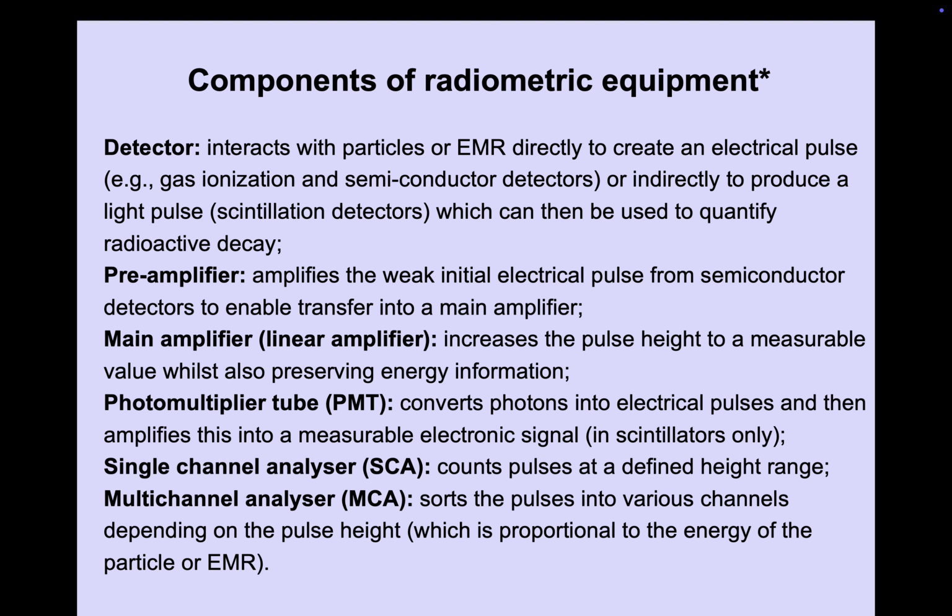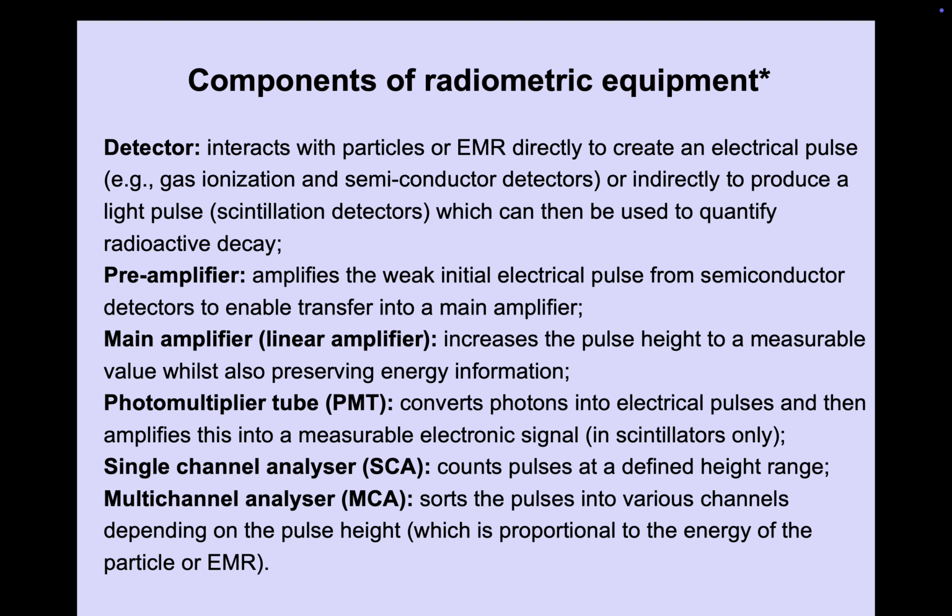Our preamplifier takes the initial weak electrical pulse from the interaction between the radioactive decay and the detector material, and enables the transfer of that pulse into the main amplifier. Our main amplifier, also called a linear amplifier, basically increases the pulse height into something more measurable, whilst also preserving information on the energy of the decay that has just been detected.